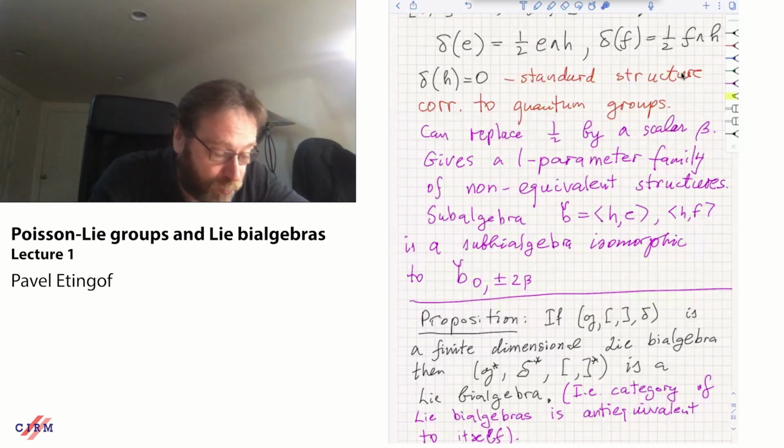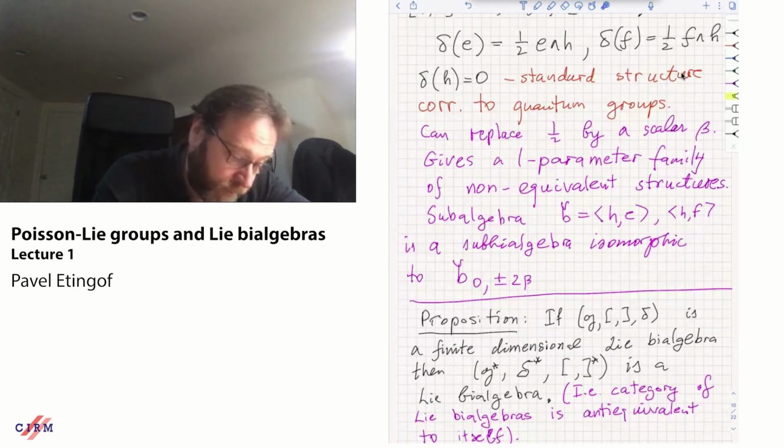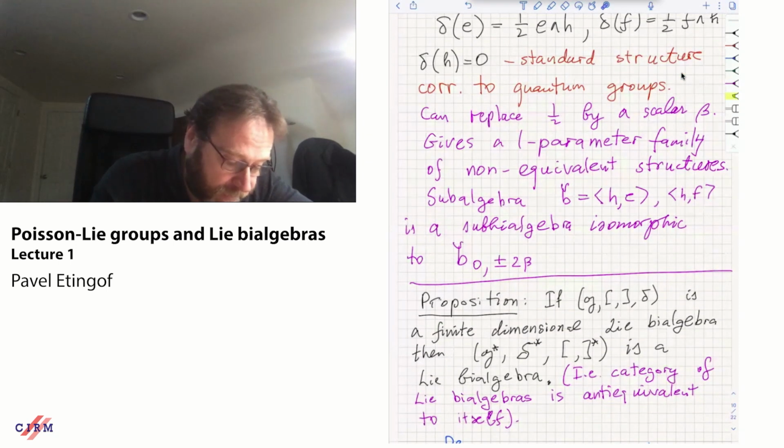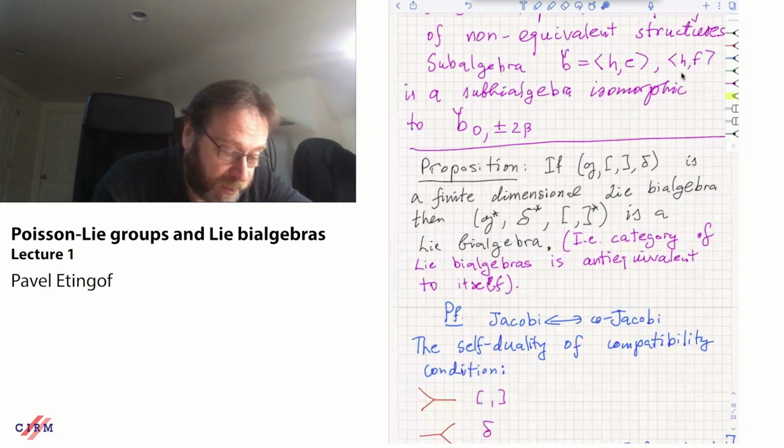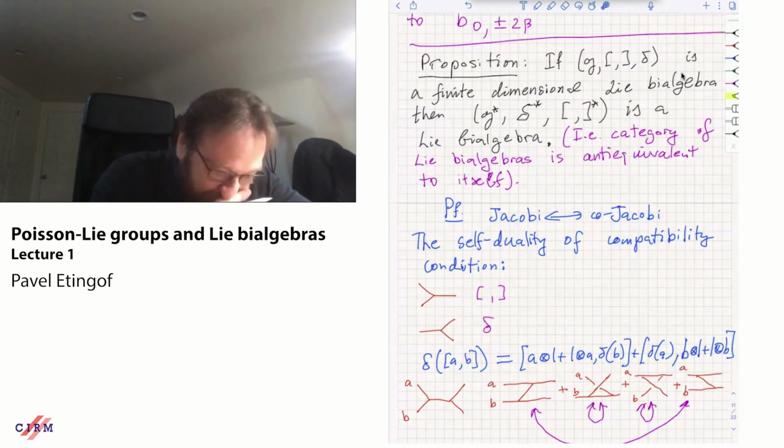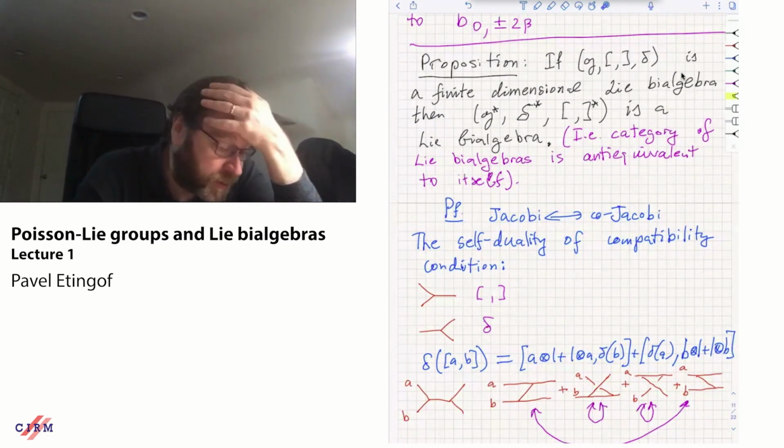If you dualize, the dual of the cobracket of G becomes a Lie bracket on G star, and the dual of the bracket of G becomes a cobracket on G star. That's clear. The only thing we have to check is that the compatibility condition goes to itself under this transformation. That can be checked algebraically.